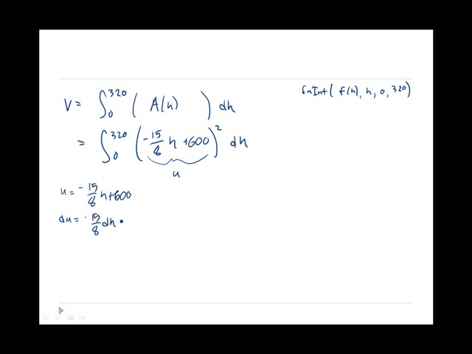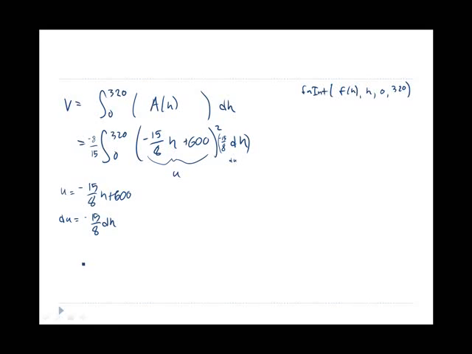And so then I'm going to need to identify that du in my function, so I'm going to have to multiply inside and outside of my integral by negative 15 over 8, or multiply and divide. I want negative 15 over 8 dh, because I want to have du in here. So I'm going to have to multiply on the outside as well by negative 8 over 15, because those would cancel, and then I haven't changed my integral any, I've kept it all balanced.